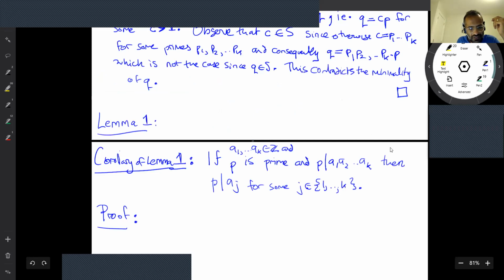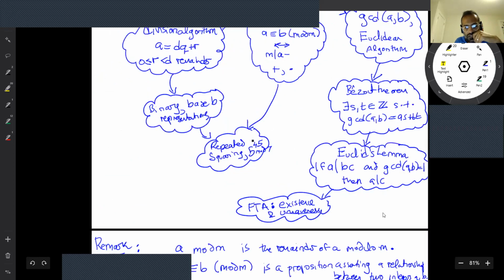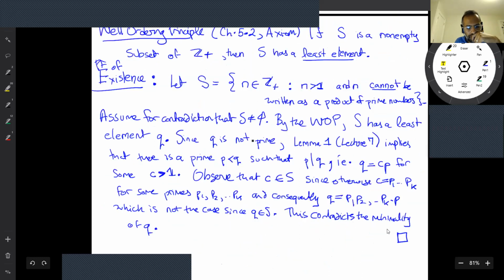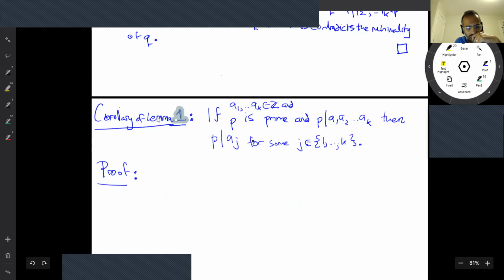No, sorry, it's not a corollary of lemma 1, it's a corollary of Euclid's lemma. Let me remind you what Euclid's lemma is. It's written on this slide here: if A divides B times C and A and B are relatively prime, then A divides C. So it's a corollary of Euclid's lemma. Let me replace that.